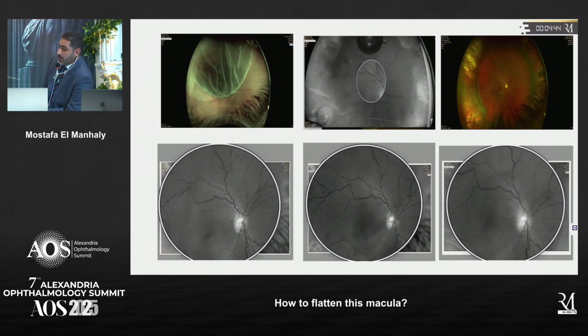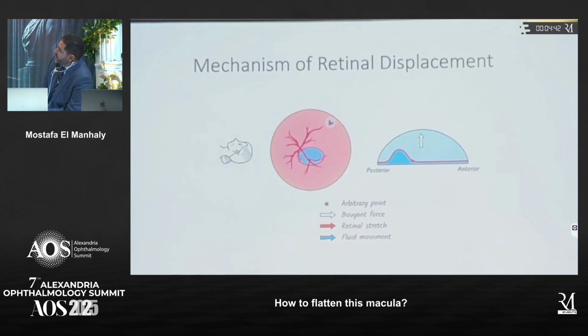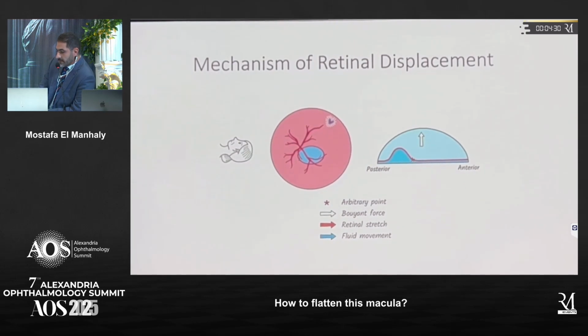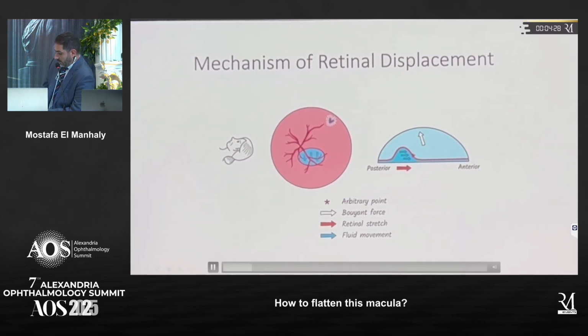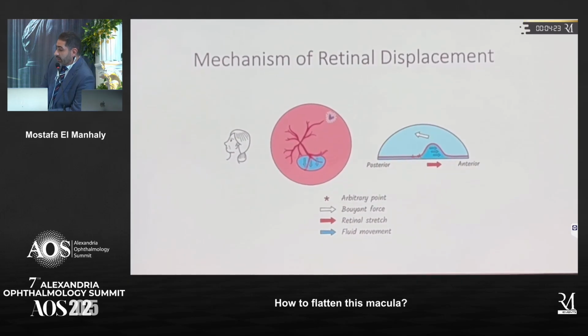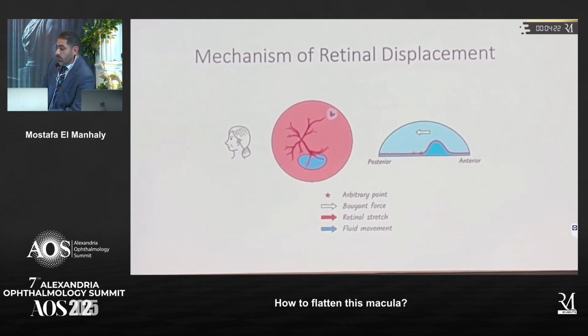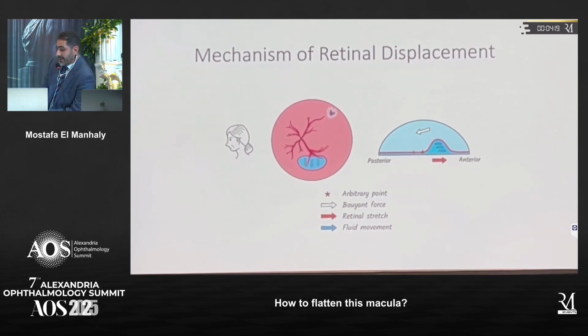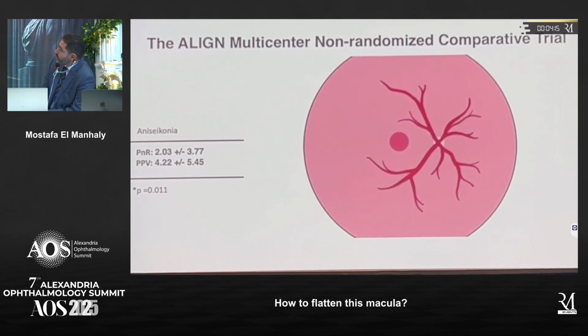And when they tried to analyze why this shift happened, they found that at the step of fluid-air exchange, and even when we asked the patient to take a face-down position, you shifted the fluid from the upper part and you stretch the retina under this moving fluid to the inferior retina, as we will see, and this will definitely reflect on the cone mosaic.